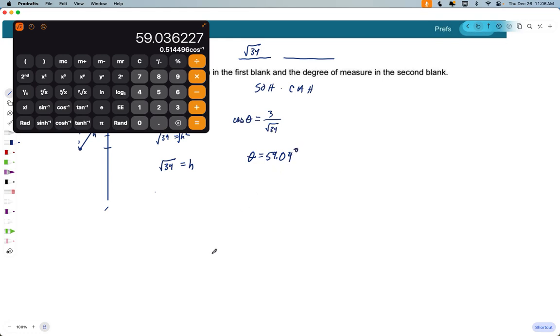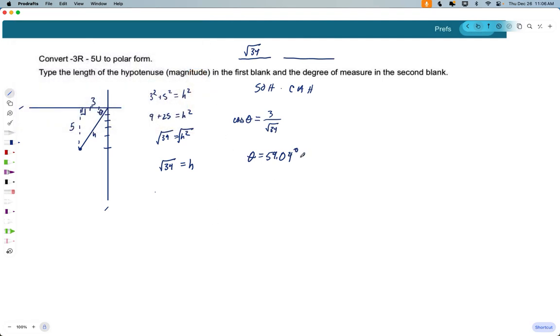59.04 degrees. And you know what? I only have to do one of those to find my degree of measure. I don't have to do another one. So 59.04. Actually, I take that back. This is 59.04 degrees, but this is 180, and I forgot about that.